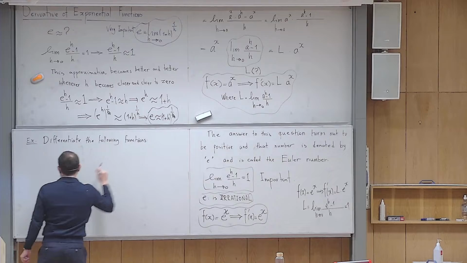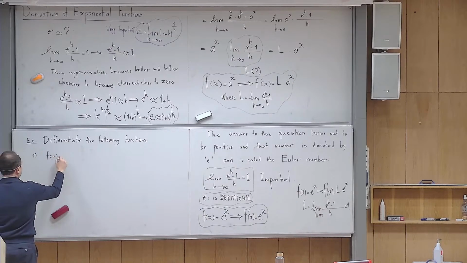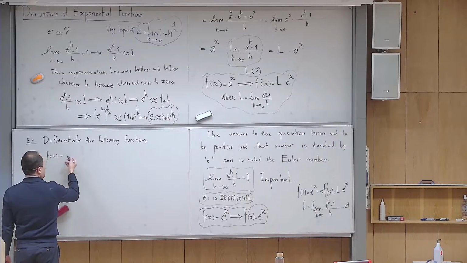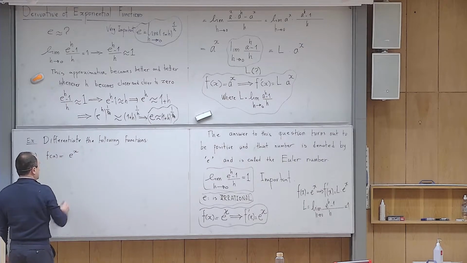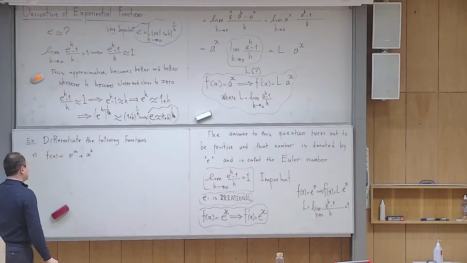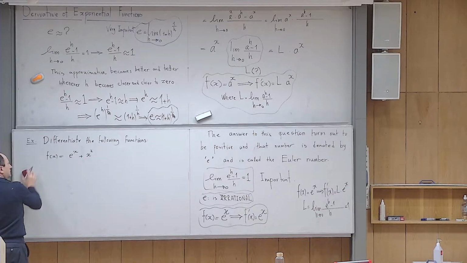Okay, so for example, let me just write 1a, f of x is equal to, we cannot give so many examples at this point, but let me just write one: e to the power of x plus x to the power of 2. The examples shouldn't be that hard, because I cannot combine them more. But it becomes interesting later. So what is the derivative of the following function?